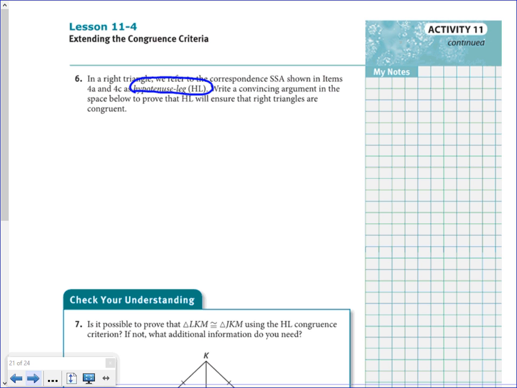Hypotenuse leg. So it wants us to write a convincing argument, and I'm just going to kind of explain it for you to see what they're talking about. So I am going to label side, angle, and then I'm going to do another triangle.